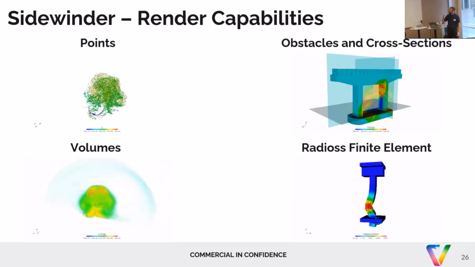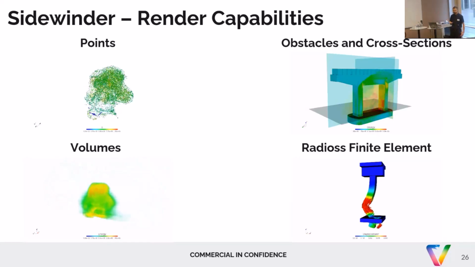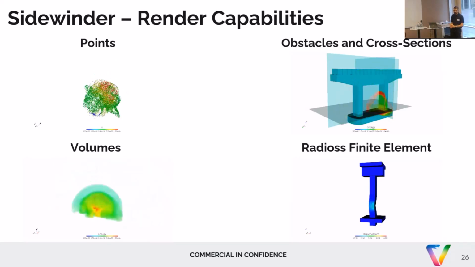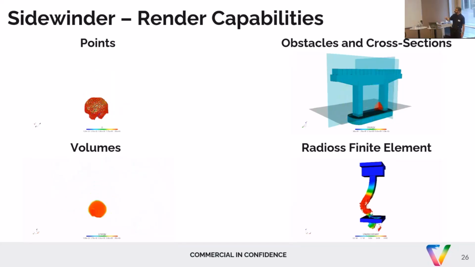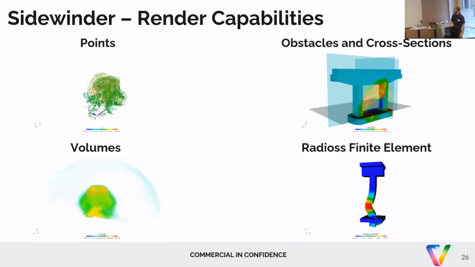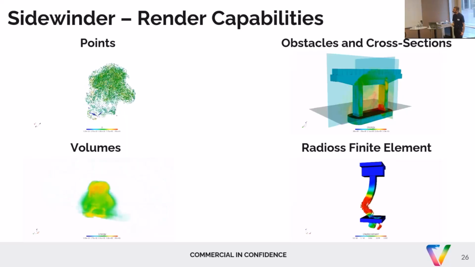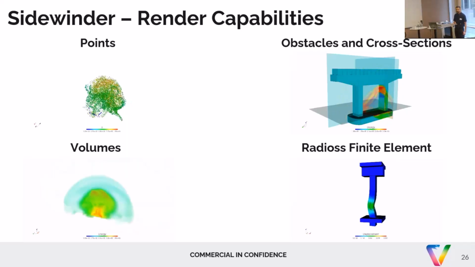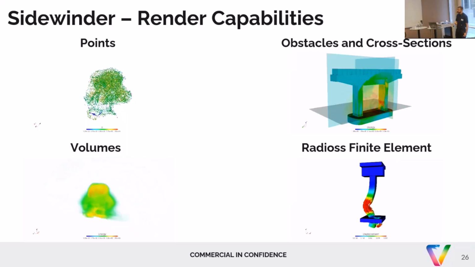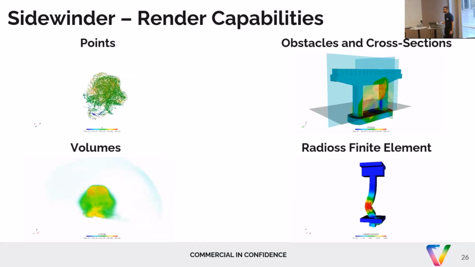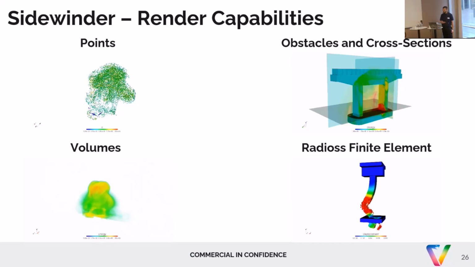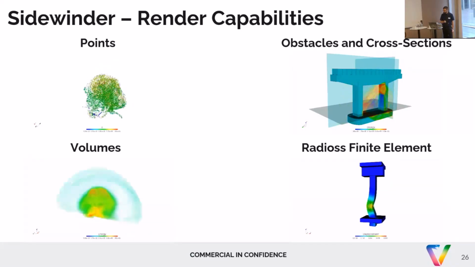So we're easily able to model points, which in VIPER is typically tracers of the burn products. We can render volumes quite nicely, obstacles and cross sections. And again, in the bottom corner, we have the Radioss finite elements, and that is directly from the animation files. So all of these are directly put into Sidewinder.